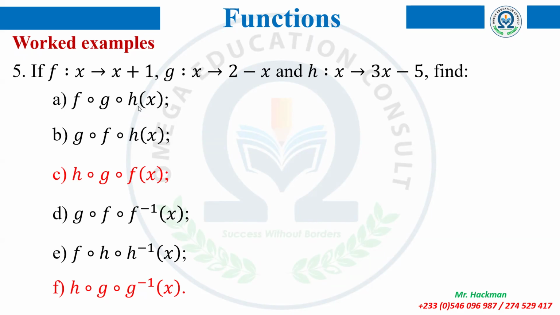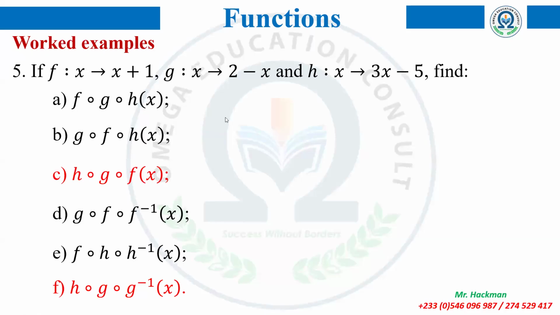So this is it. Let's quickly go and look at the solution and how best we can deal with what we have here. But before we look at the solution, I want us to have the basic meaning of maybe the first 2 composite functions that we have here.